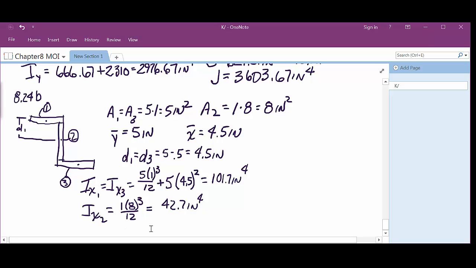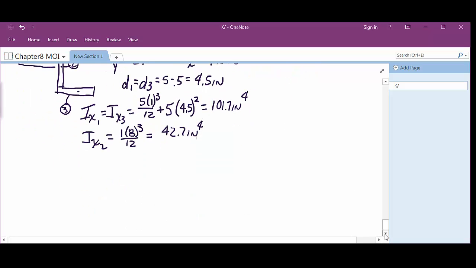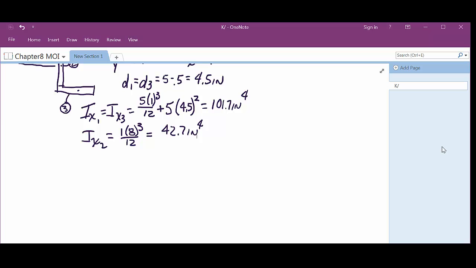Our total then, stop me any time now if you got a question. Total about the x-axis is just those two, isn't it? It's 2 times the 101.7, which was the moment of inertia of each of those two pieces.